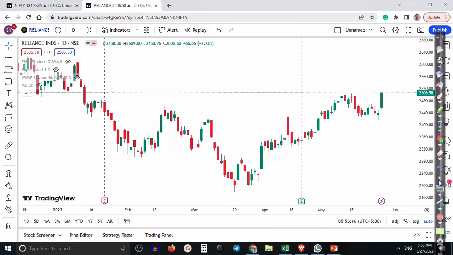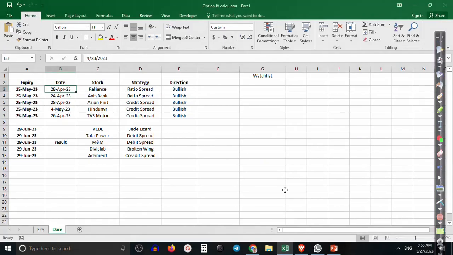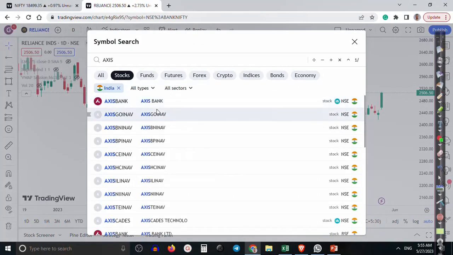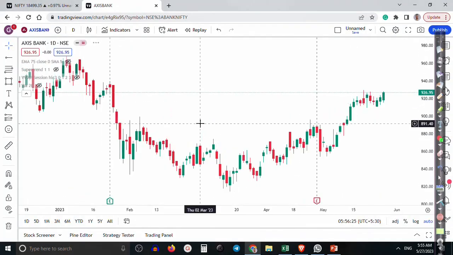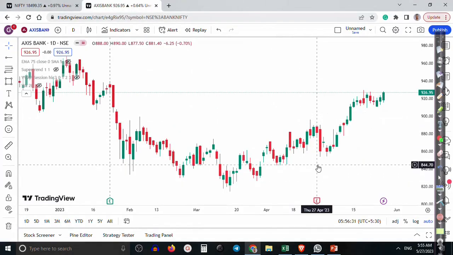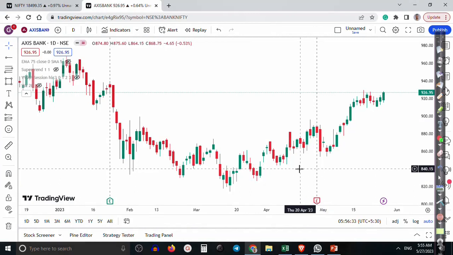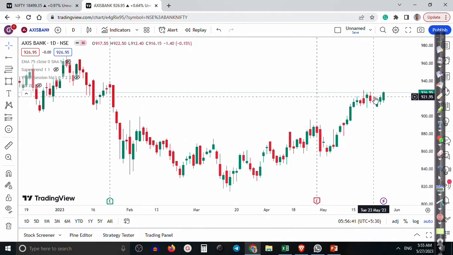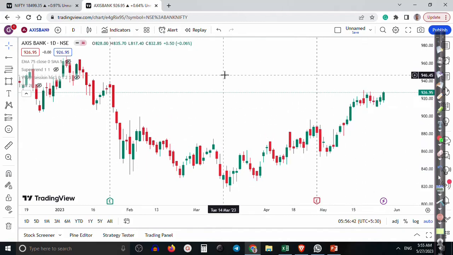Another was Axis Bank. Now you can see Axis Bank, and I placed the order on 24th April, before earnings, in this area, and finally the price closed here.